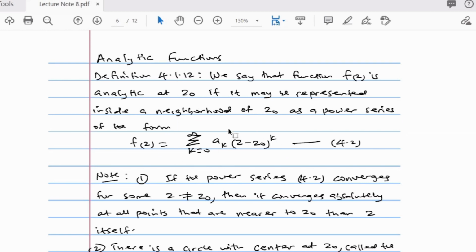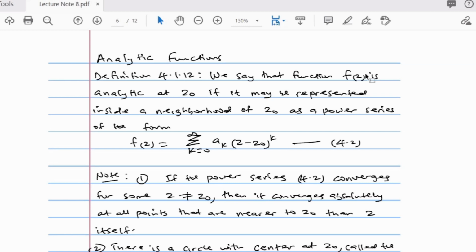So whenever you can write your f of z at z naught as the power series in 4.2, f of z will be said to be analytic at that point z naught. In some cases, you will not be able to write it in this form. In that case, we say the function is not analytic.